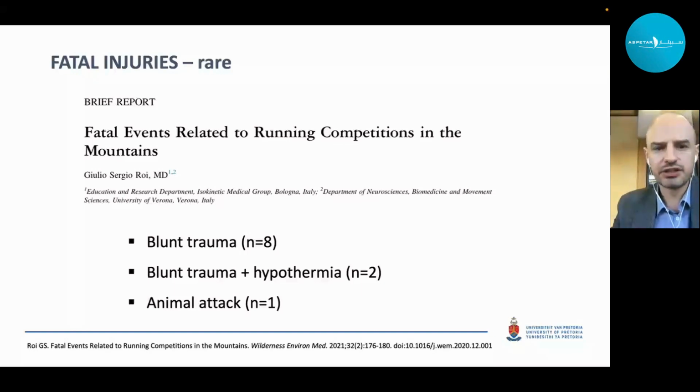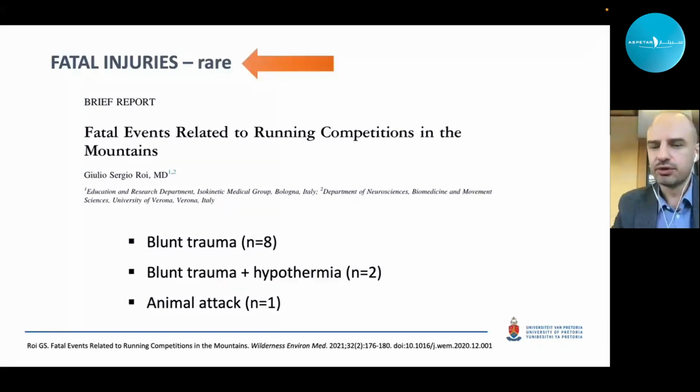So this is something we need to consider: access to these runners, how quickly you can get there, and how we should potentially set up our aid stations. There are obviously reports of animal attacks as well. Again, that is something a race organizer has to consider. It's difficult to control, but you have to consider it. Rare, I want to emphasize this.